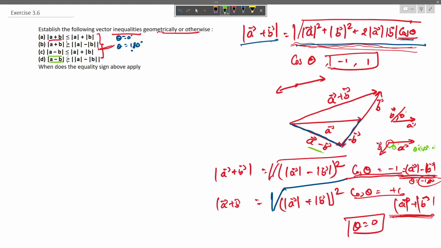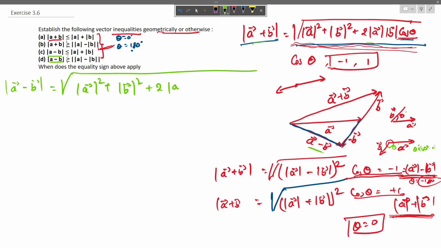So the rule will work the same as before. Now the magnitude of vector a minus vector b would be expressed as magnitude of vector a square plus magnitude of vector b square plus 2 times magnitude of a times magnitude of b cos theta, where theta would now be 180 degree minus theta, because the angle has changed as we discussed here.